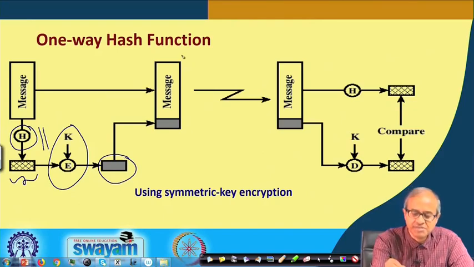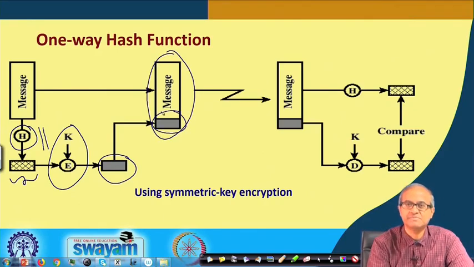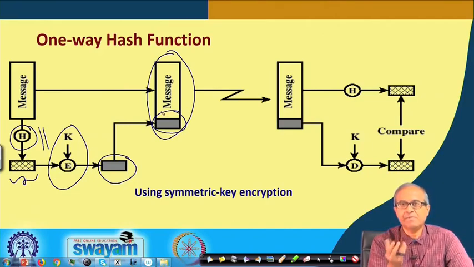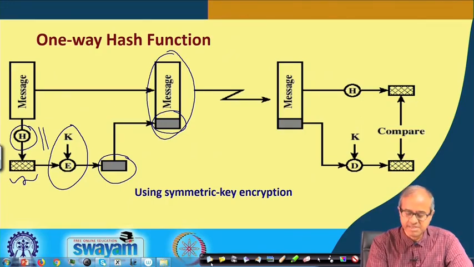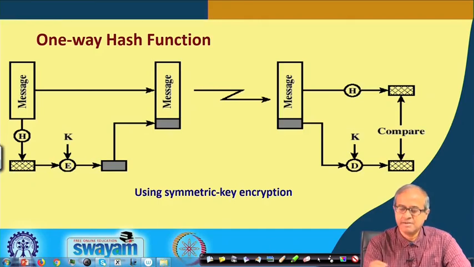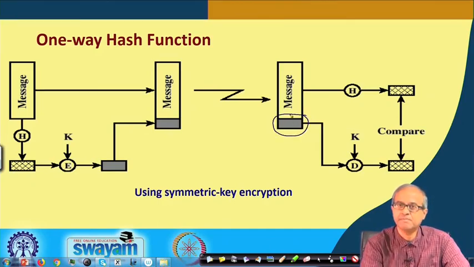So, what we are transmitting along with the message is the encrypted hash. The advantage is that any intruder who is getting hold of it, because he does not know the value of k, cannot access or process the encrypted hash. At the receiving side something similar is done. The message along with this encrypted hash is received.